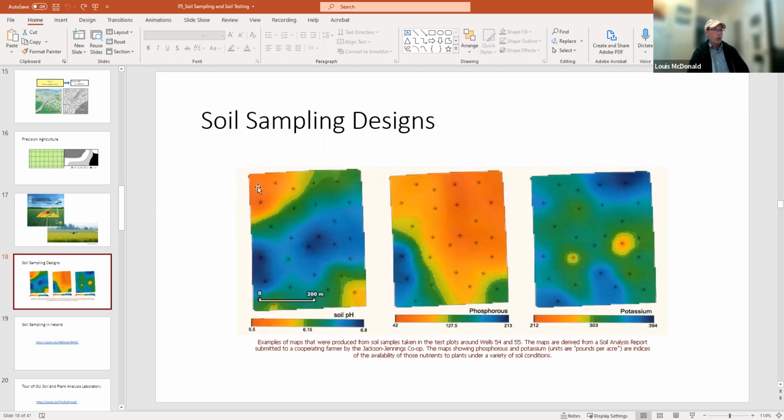And so you do high precision sampling, and you don't apply the same amount of lime to the entire field. You focus that lime only where you have the lowest soil pHs, right? So up here, down here, and it pays off, right? And it pays off.